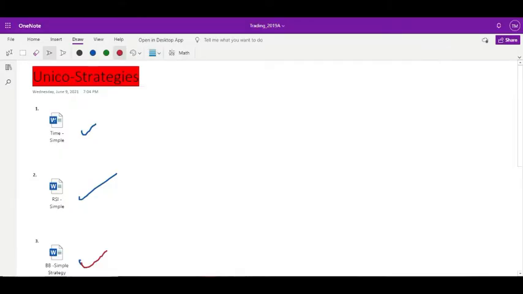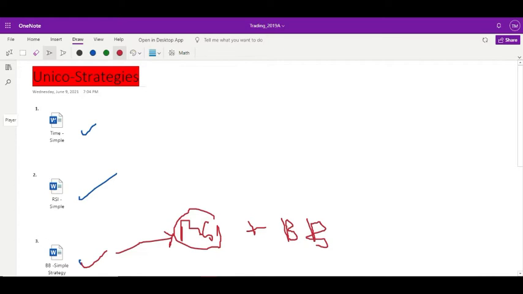So I'll just write here: this strategy is using RSI plus Bollinger Band, BB. That's what we are using. This is used for filtering if there are breakouts or not. So that's what we are explaining here. Let's continue.